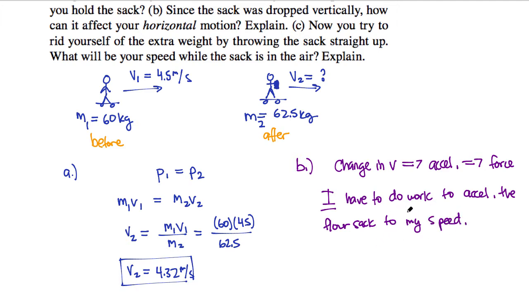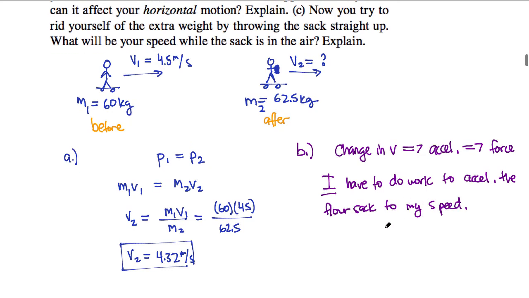I still have to impart some of my energy to that flour sack in order to have it move with me. So when I do that work, that means that I must necessarily take that energy from somewhere. So I lose some energy to my flour sack in order to do that. It is just simply not a linear thing. So some of my kinetic energy goes to the sack.